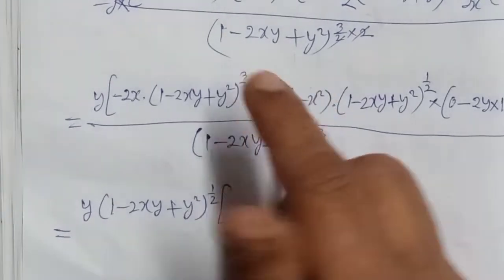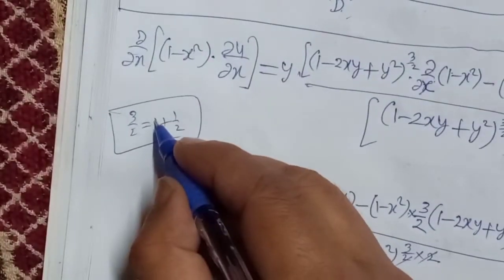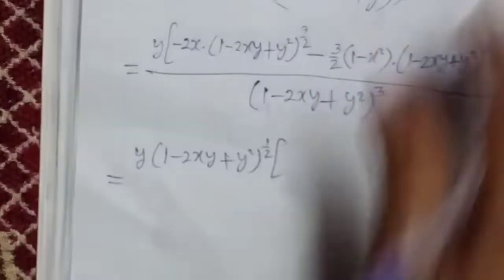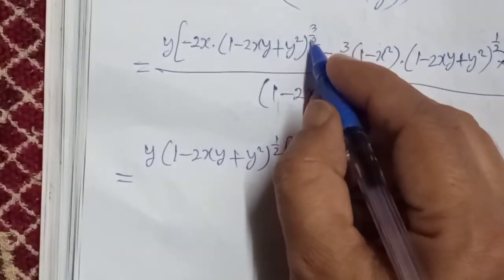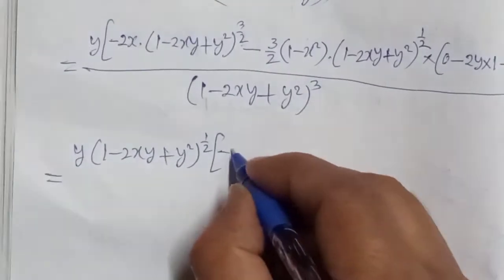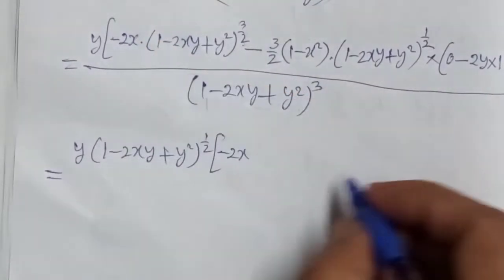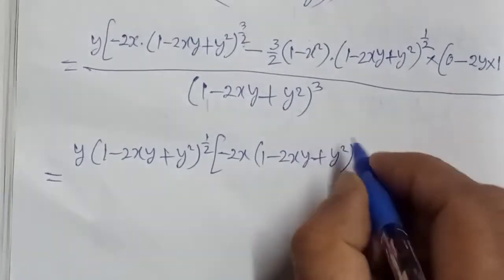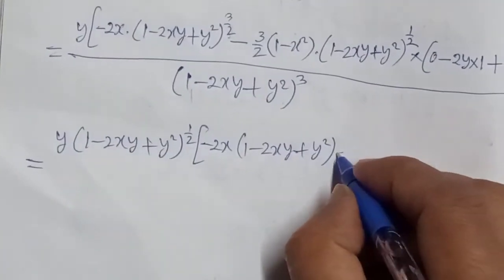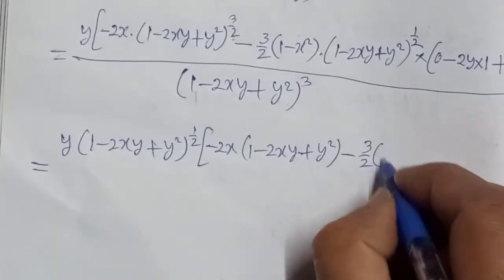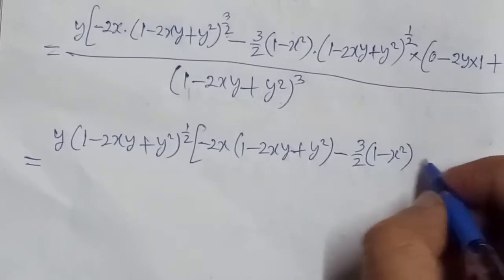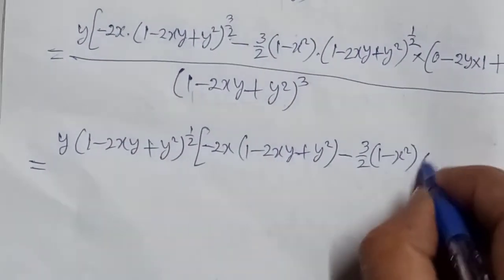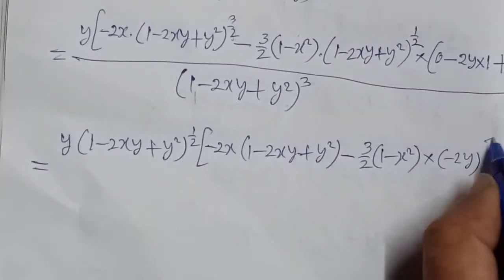Since I already said that 3 by 2 you can write as 1 plus 1 by 2, 1 by 2 is taken out from this bracket, so only one power remains. 2x minus 2x and 1 minus 2xy plus y square whole power 1 minus 3 by 2, 1 minus x square, and this quantity is taken out from the bracket, only minus 2y here.